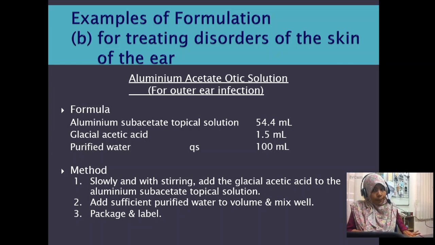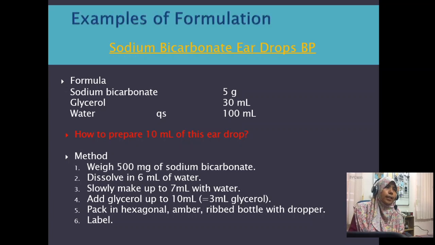Remember, for this formulation, we actually want that acetic acid to make the acidic environment to kill the bacteria. But we add aluminium to reduce the stinging, to reduce inflammation, and to give comfort to our patient. So remember, what is the function? Which one is the main component and which one is actually just to help to reduce the side effect of low pH.